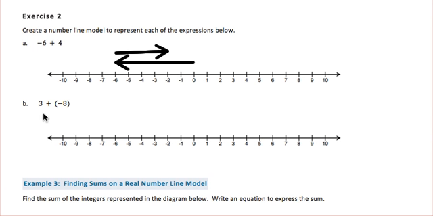Part B asks us to do 3 plus -8. So starting at 0, we would go 3 units to the right, and then from 3, we would need to go 8 units to the left, which would land us at -5.